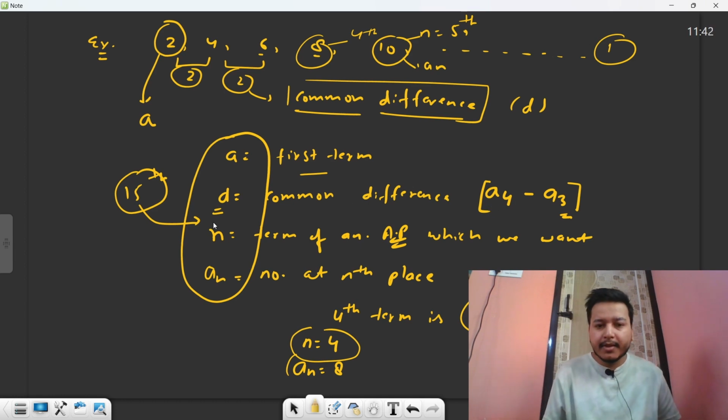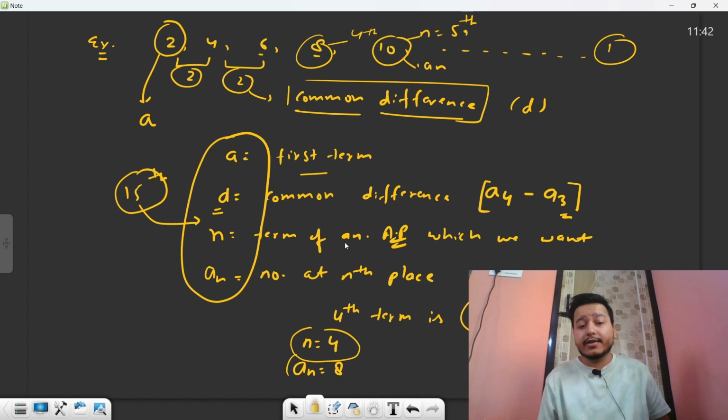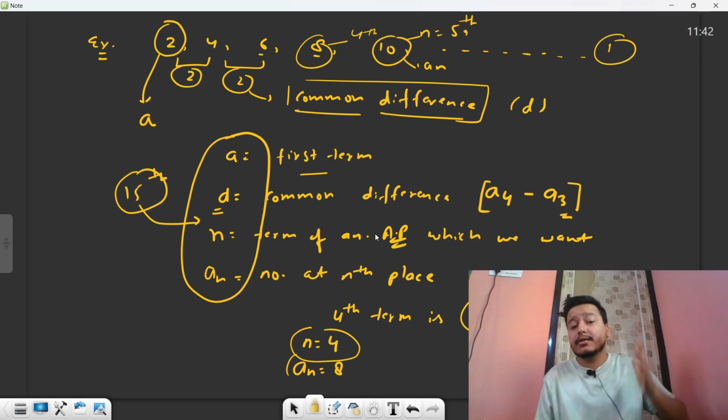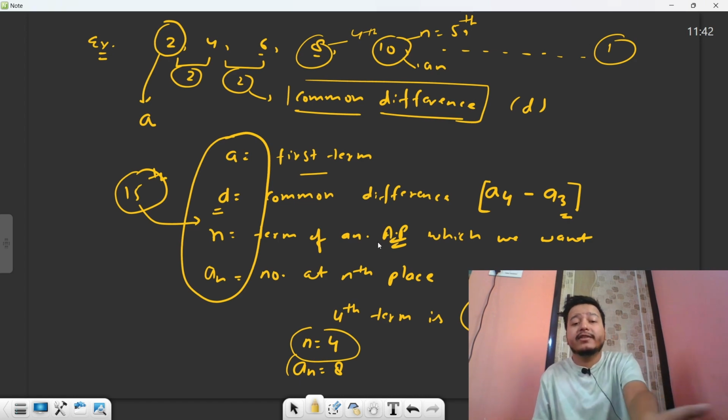What is the nth term? n is the position of a term which we want to find. If you want to find the fourth term, the 15th term, or the 100th term, then n is 100. And what number will come at the place of the 100th term?